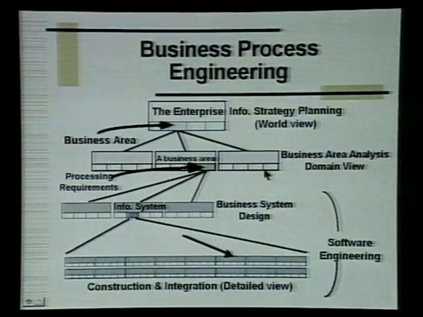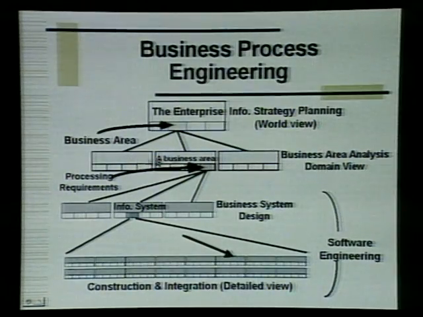The next layer is the business area analysis, what you call the domain view. During that layer, you identify all those business domains which are the potential candidates for employing the information technology.